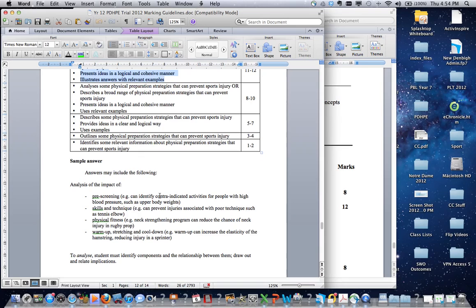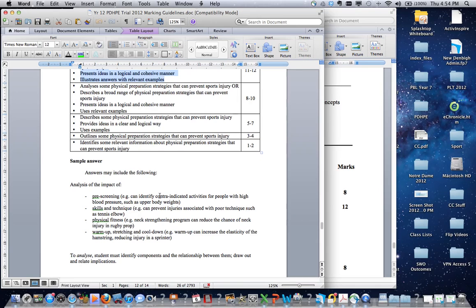The next area would be skill and technique. Again, look at the skills and techniques that are specific to the sport the athlete is going to take on, and whether there are any problems or indicators that could lead to injury through poor technique.